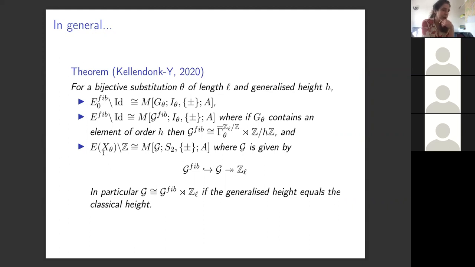And the actual Ellis semigroup, you can describe it implicitly from this short exact sequence, right? And we can actually describe it as a semi-direct product if the generalized height equals the classical height, which is not always the case, okay? But which is the case in the great majority of things. All right, so that's our results.